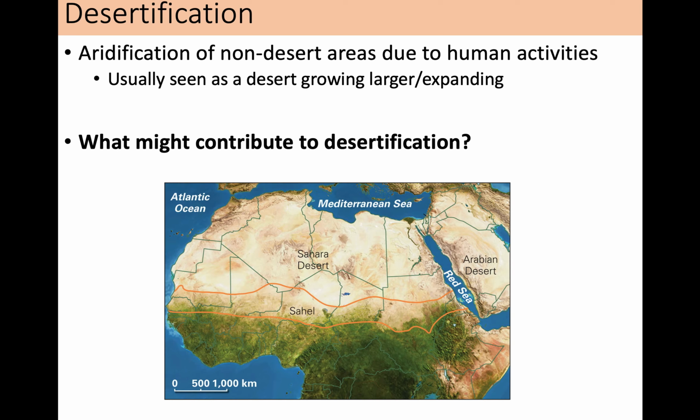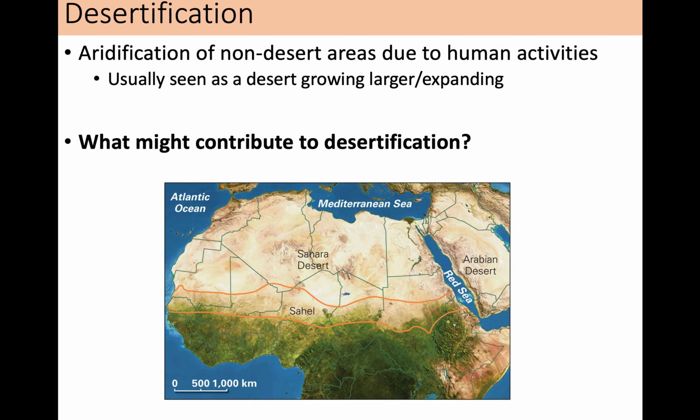So for the last section of the lecture, I just want to go over desertification. This is where human activities are actually causing an expansion of desert areas. So we are expanding our desert into areas that should not naturally be desert.